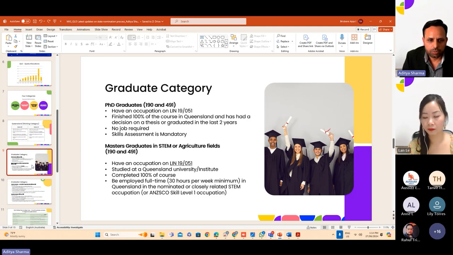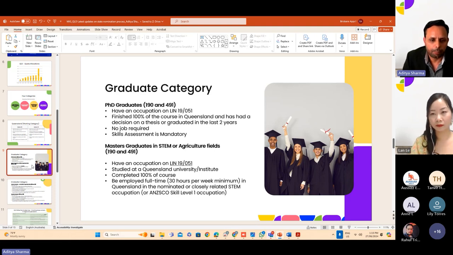The first one is for PhD holders. Whoever completed 100% of their PhD in Queensland and has a positive result can lodge an EOI for 190 and 491, depending on their points.